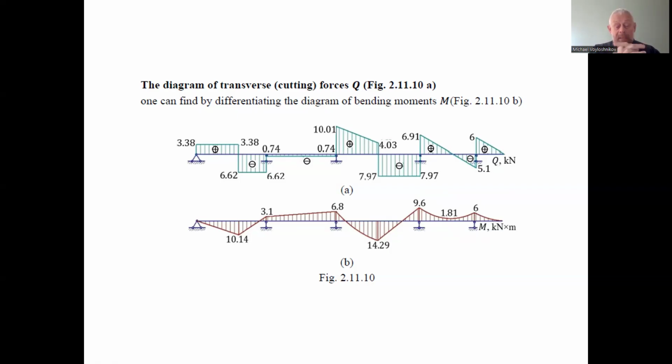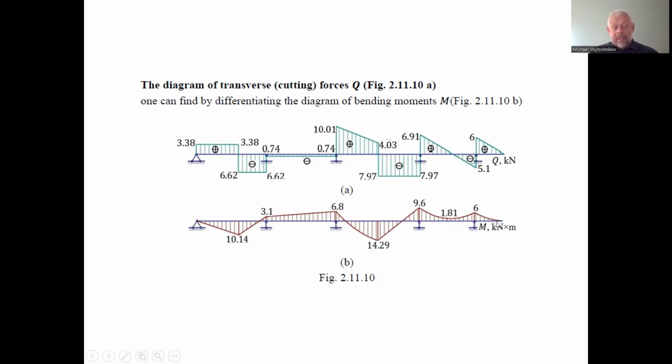And the second thing we have to do is make a diagram of the shearing forces. Usually, it's more comfortable to consider the derivative dependence of the bending moment diagram and the shearing forces. So the bending moment diagram is an integral function of the shearing forces diagram, and if we first did the diagram of the bending moments, we can start to determine the diagram of shearing forces from right to left.